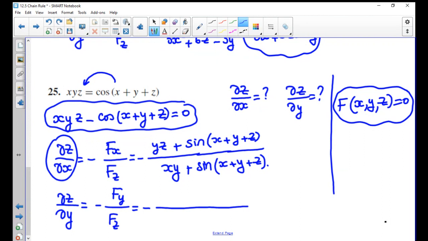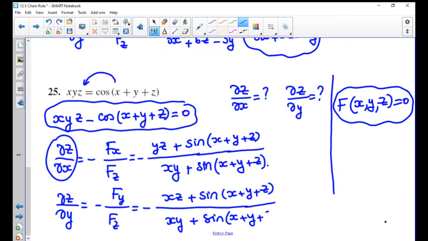The derivative with respect to y is xz, and then the other term will be the same, plus sine of x plus y plus z. And fz we already have: xy plus sine of x plus y plus z. Okay, so that is basically what's in this section.